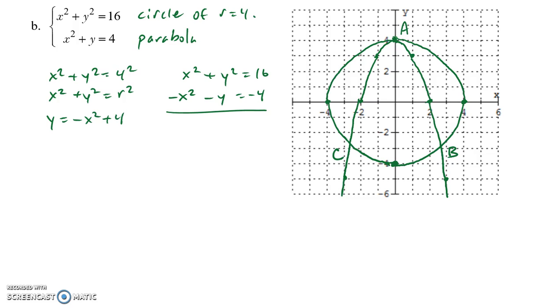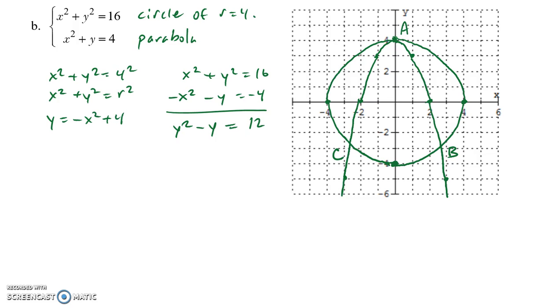When we add the equations, the x squared terms cancel. The y terms don't cancel because they are unlike terms. So what we obtain on the left-hand side would be y squared minus y. And then on the right-hand side, 16 minus 4 is 12. This gives us a quadratic equation that we can solve for y.